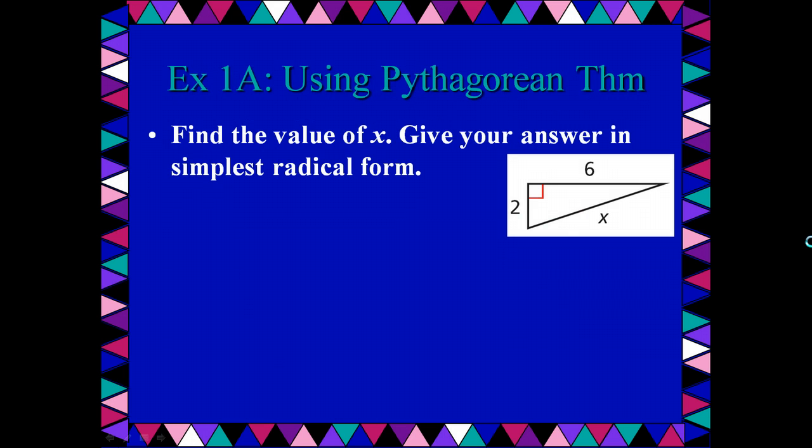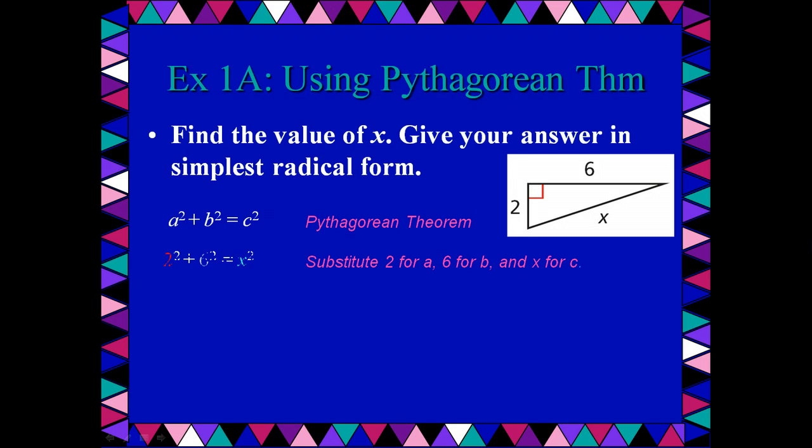Let's use an example. Find the value of x and give your answer in the simplest radical form. First, we start with the Pythagorean theorem. We substitute 2 for a, 6 for b, and x for c. We're going to simplify on the left-hand side.